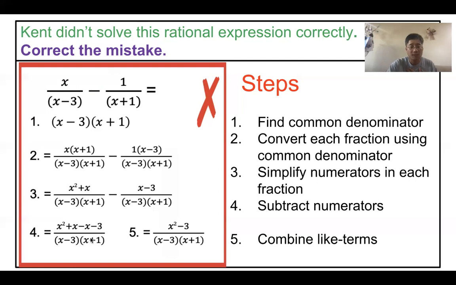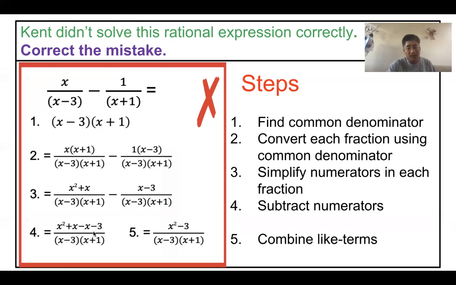When you subtract, you don't subtract only x, you subtract every term in the second numerator, right? So you subtract x, and you subtract minus 3 also. So minus x minus minus 3. Minus minus, or negative negative, becomes plus. So it is minus x, but this is supposed to be plus.